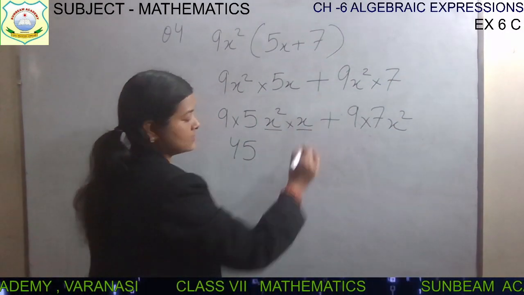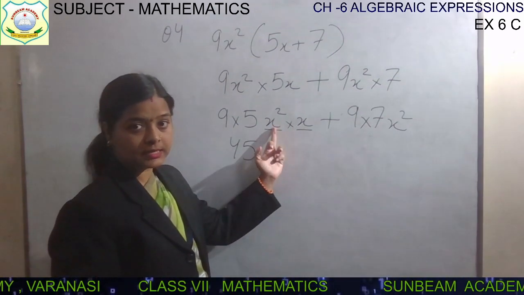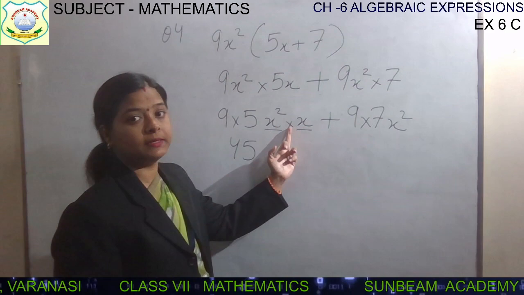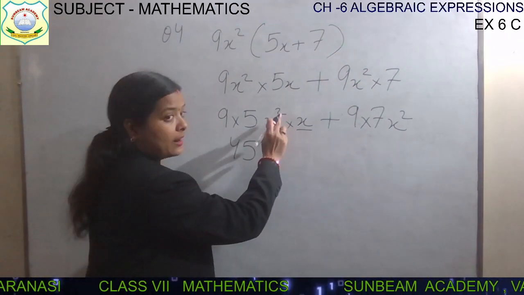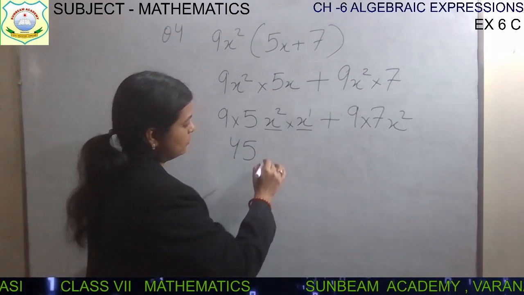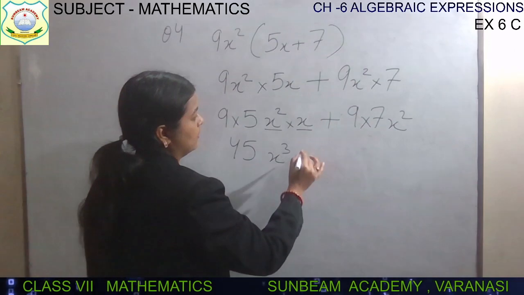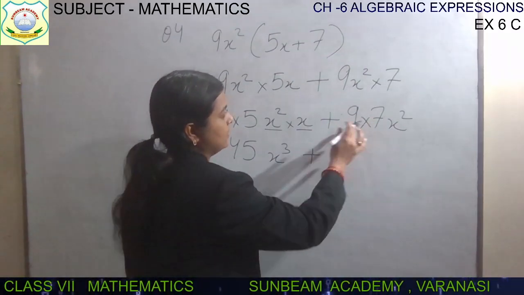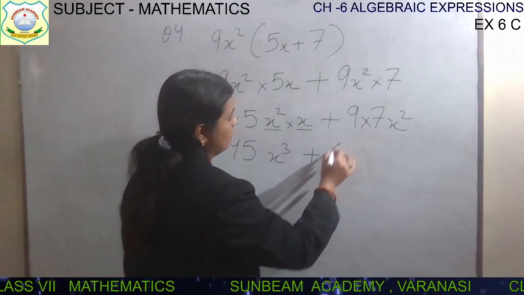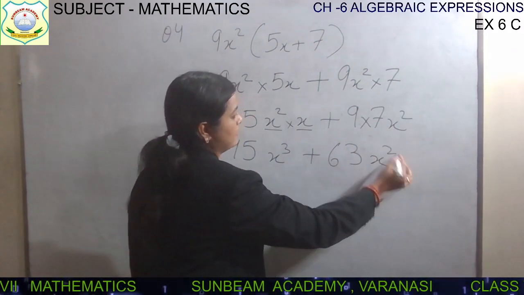X and x bases are same and we are multiplying them, so their power will be added. This is 2 and no power means 1. So x to the power 3, plus 9 7s are 63, and then x square.